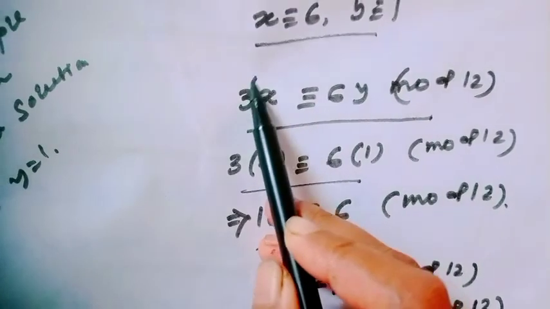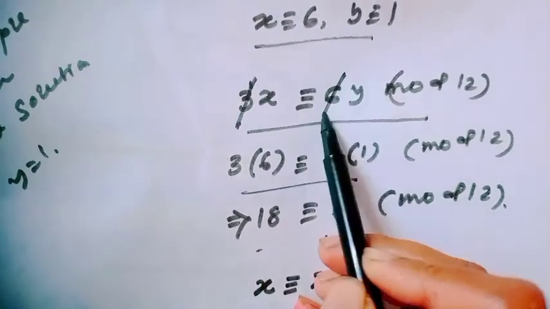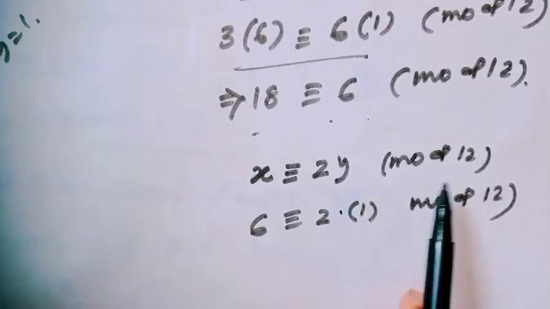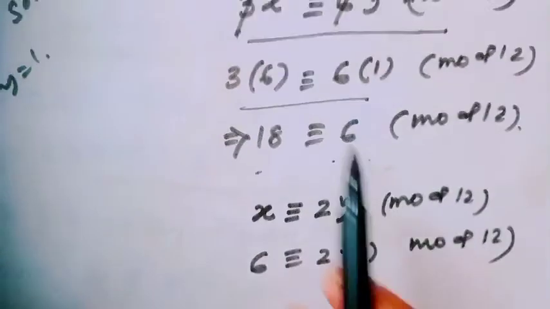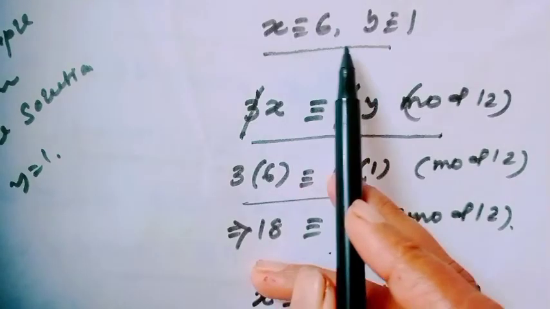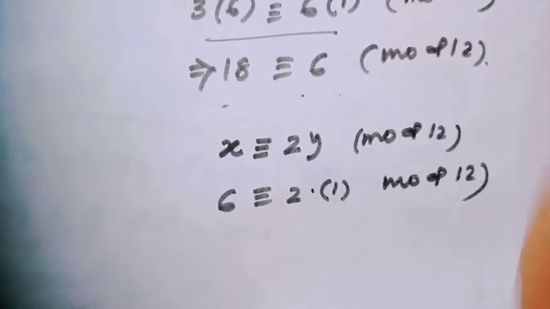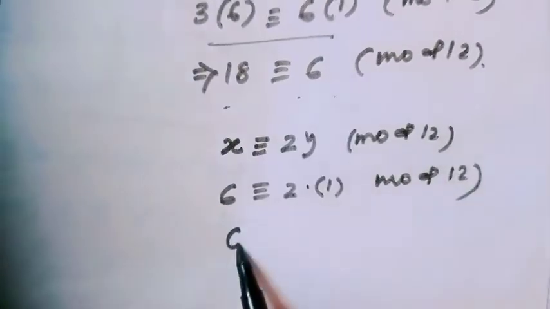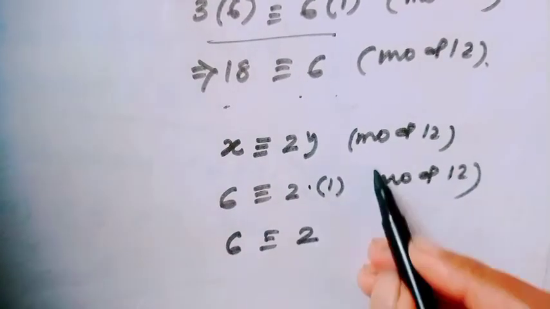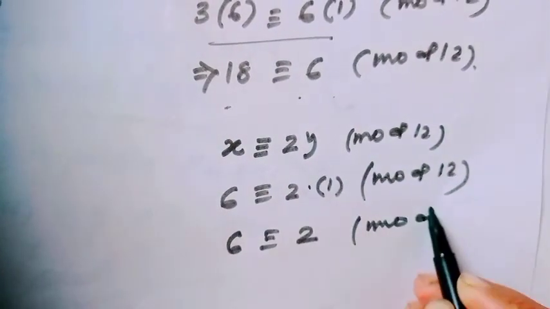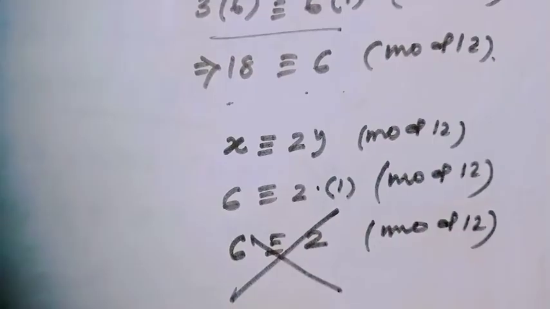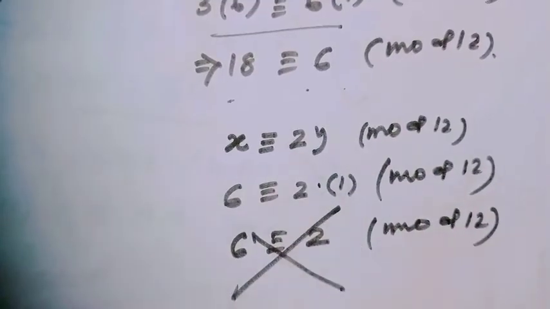But if we cancel on both sides, then the equation would be x ≡ 2y in mod 12. Now put this solution x ≡ 6 and y ≡ 1, then this would be 6 ≡ 2 in mod 12. But this is never possible. So here the cancellation law does not apply.